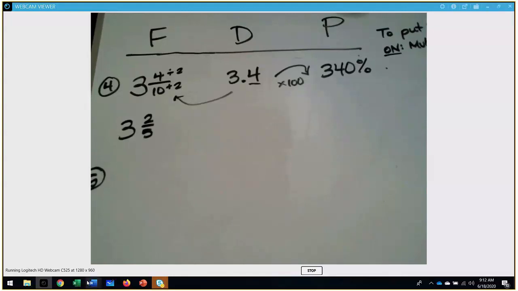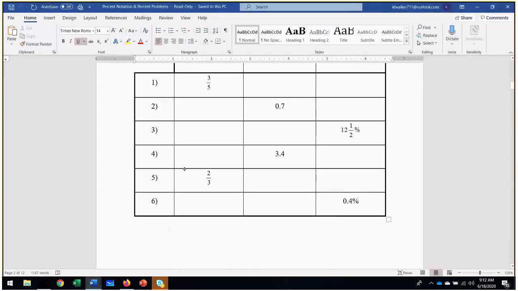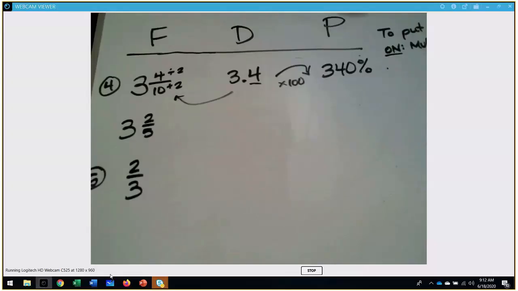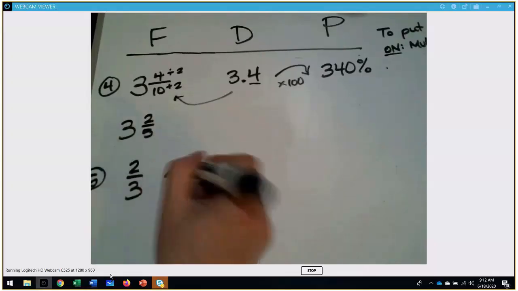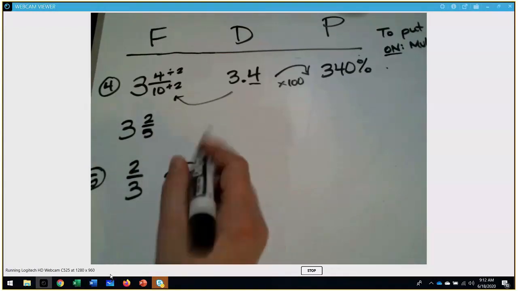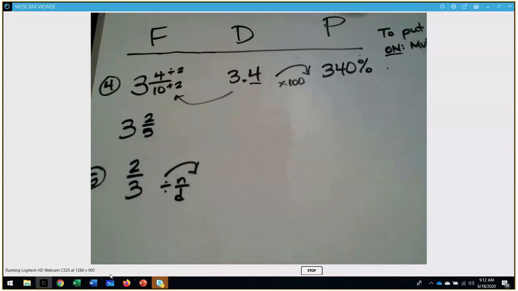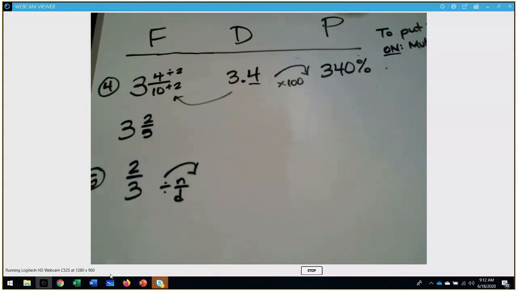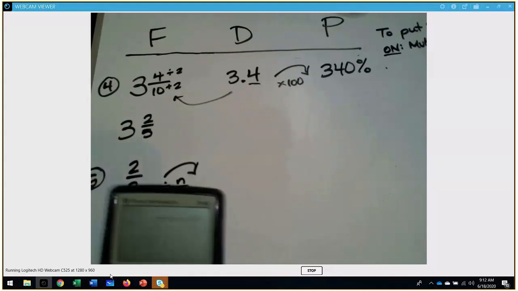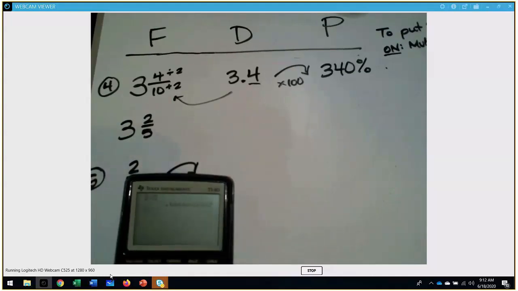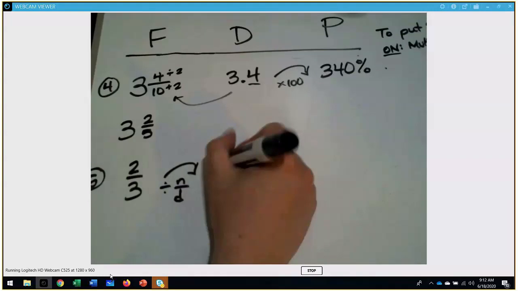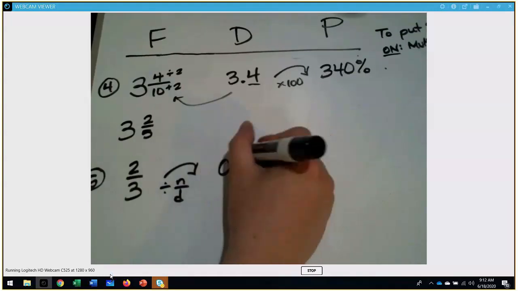Okay, let's do the last 2 more. Next one is 2/3 that they're starting you off with. To get from fraction to decimal form, we're going to divide numerator by denominator. We've seen this before in a couple of the rows. 2 divided by 3 is giving me a repeating decimal, and that's okay. I'm going to write it out and use the bar.